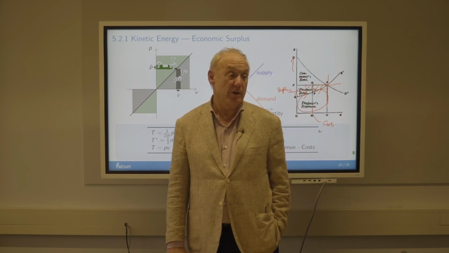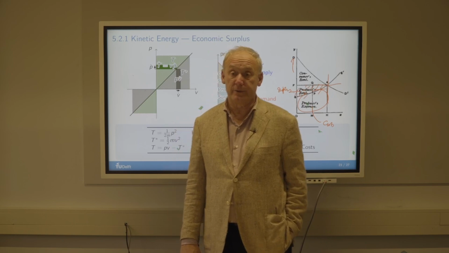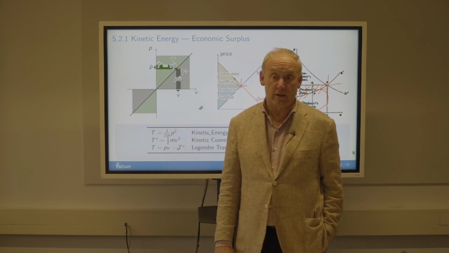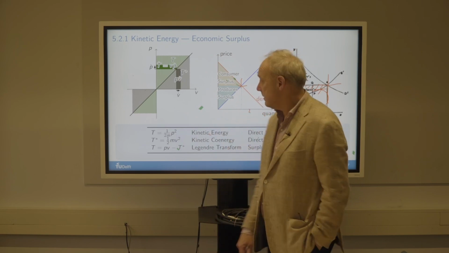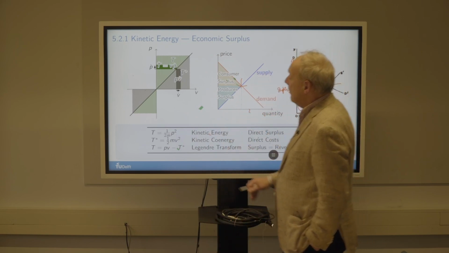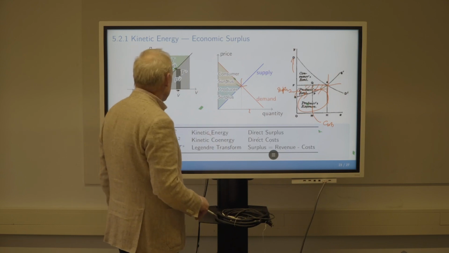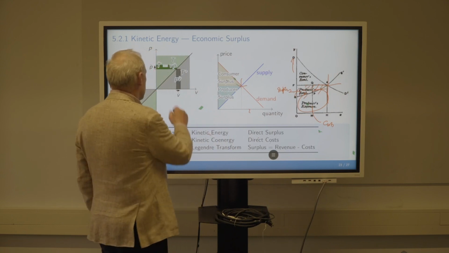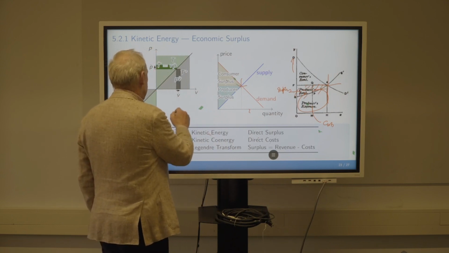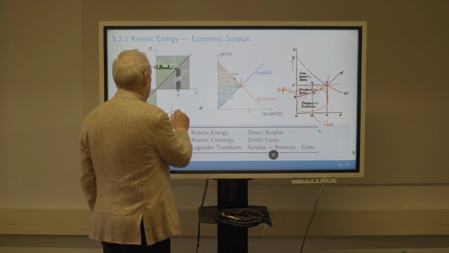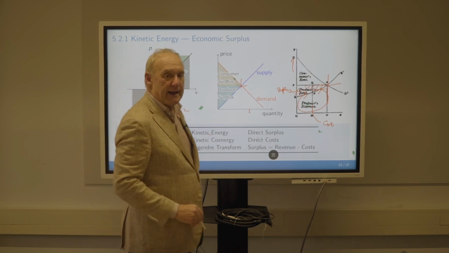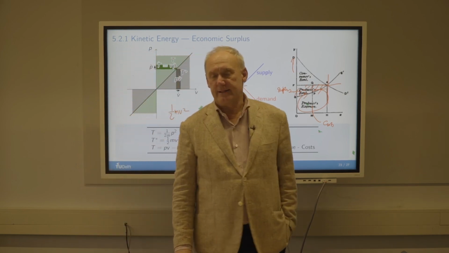So we're in good company here. Things are going well. Now, this is something that's always confusing to students because you've learned that kinetic energy is a half mv squared. And it's not.